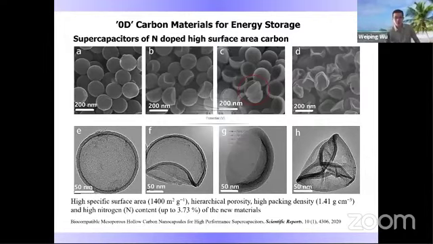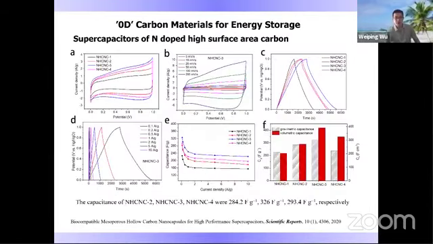And the supercapacitors show very impressive performance regarding the device parameters. And then we also further filled inorganic materials like MoS2 and metal oxides inside this hollow carbon structure.